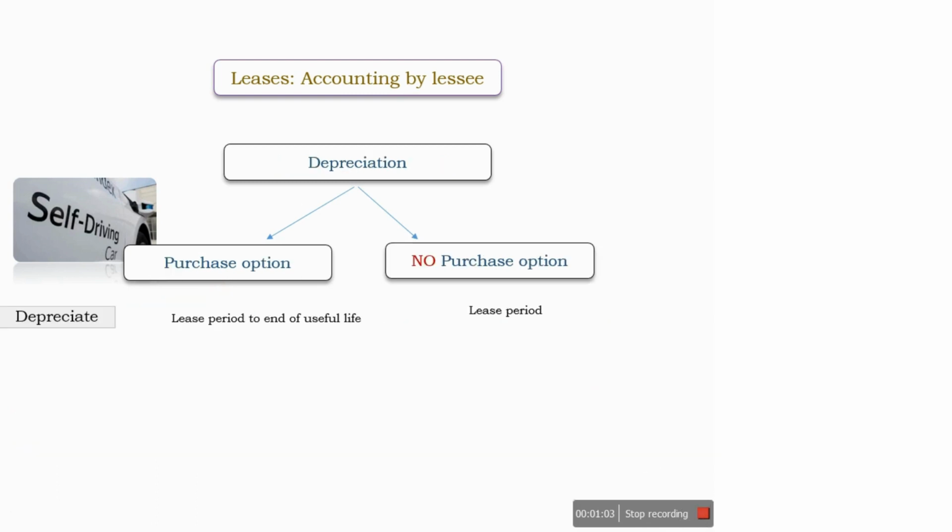In respect of depreciation, if there is a purchase option, then it will depreciate the asset from the lease period to the end of useful life. If there is no purchase option, it will consider only the lease period for calculating the depreciation.